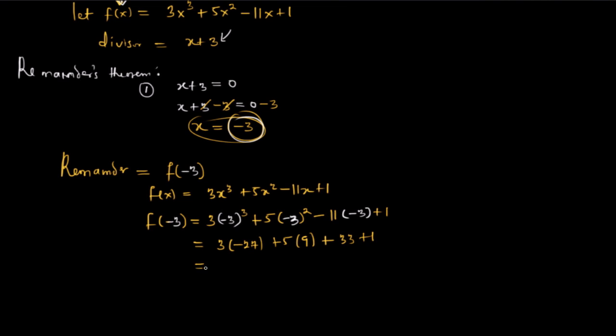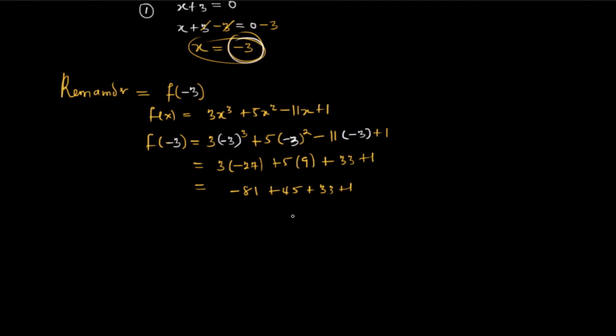When you simplify this further, 3 times negative 27 gives you negative 81, plus 5 times 9 gives you plus 45, then plus 33 plus 1. So this is what you obtain. And when you simplify negative 81 plus 45 plus 33 plus 1, you would have negative 2. So in other words, the remainder is negative 2.